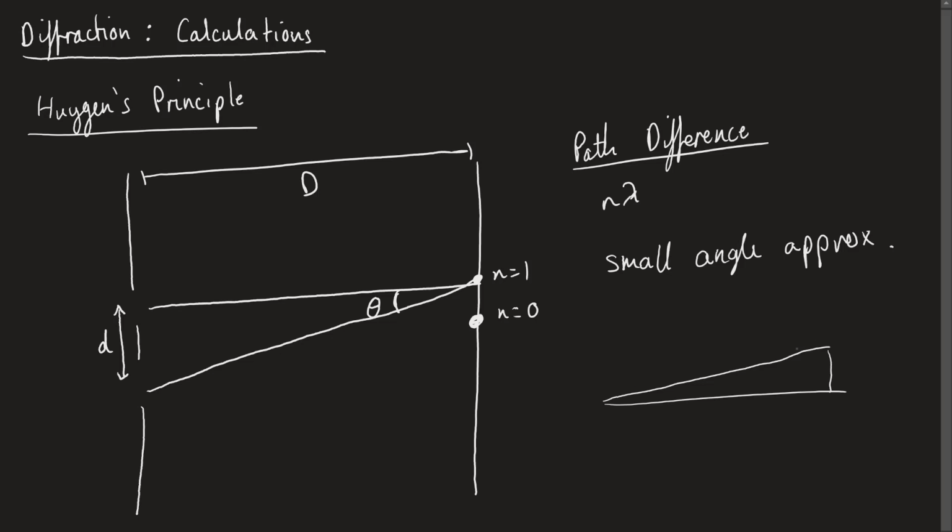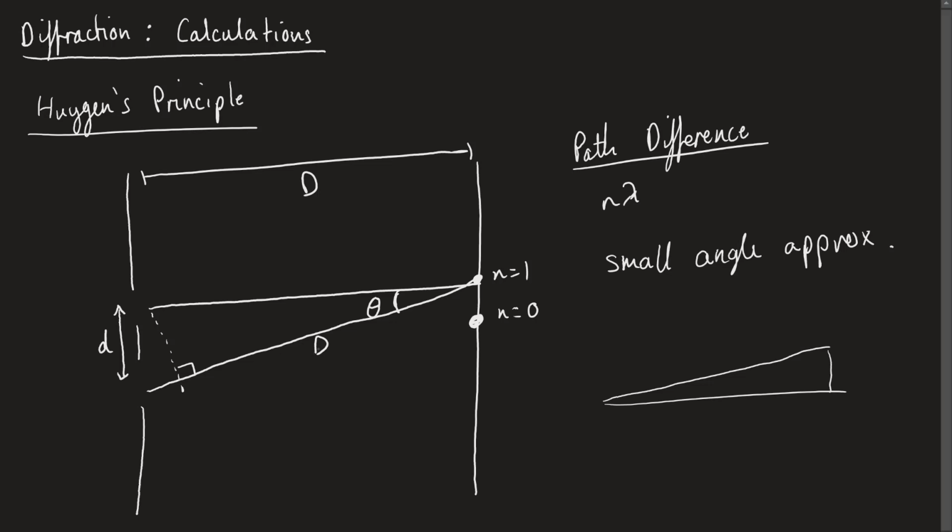Okay, so let's make this into a right angle triangle just by doing this. And this allows us to say that if this distance across here, so this is the right angle here, is capital D, then this distance from here onwards is also capital D, using this small angle approximation.